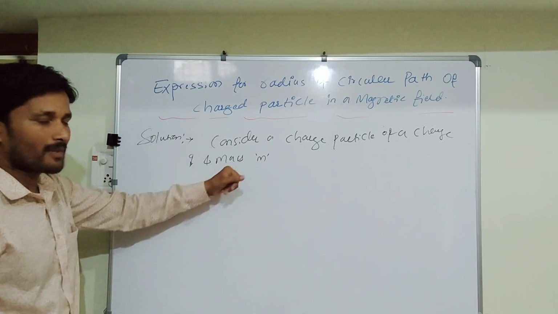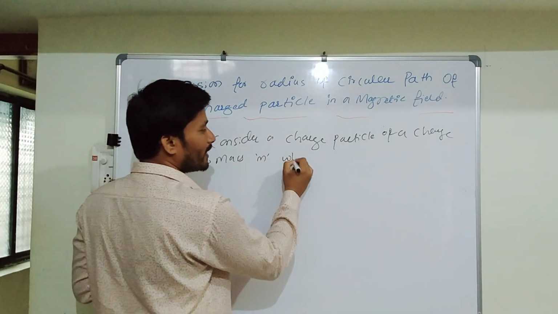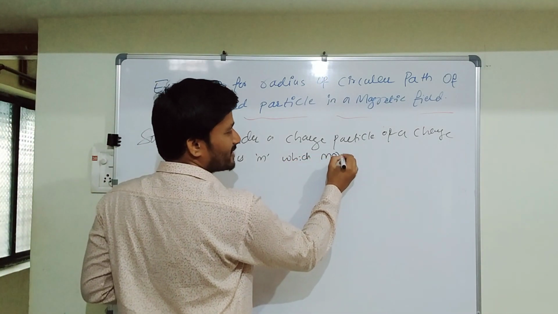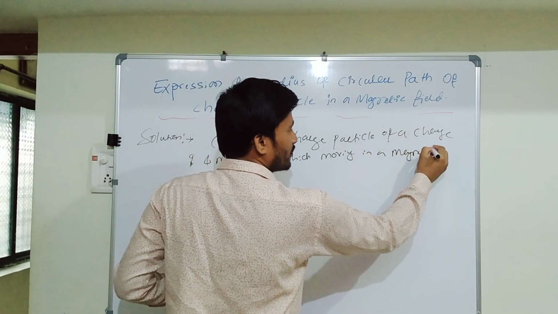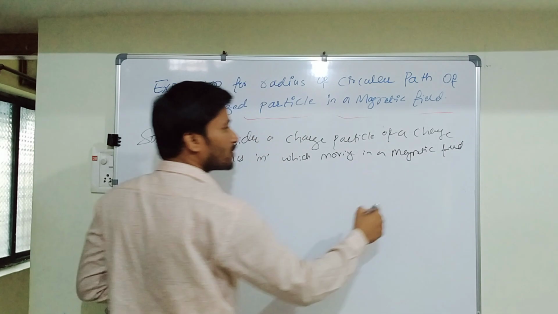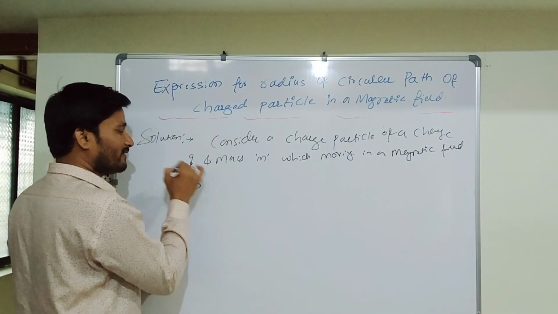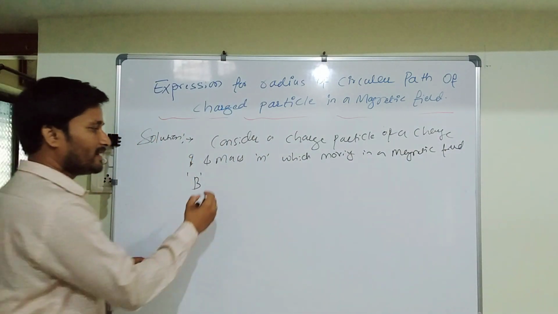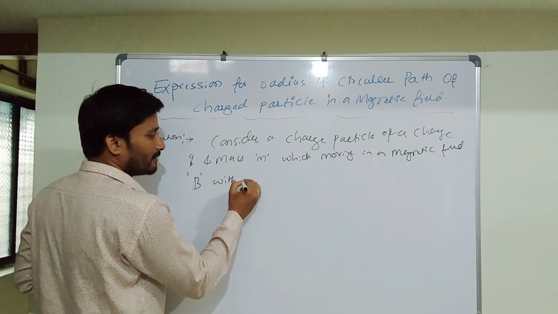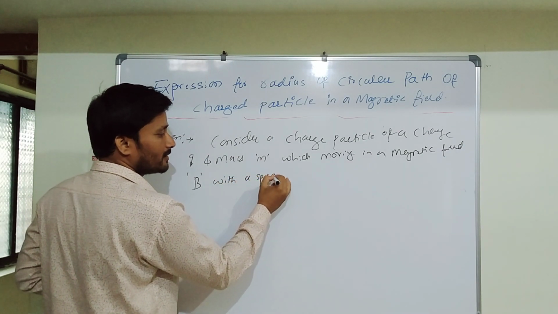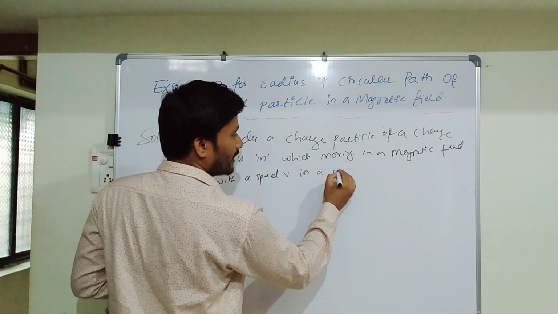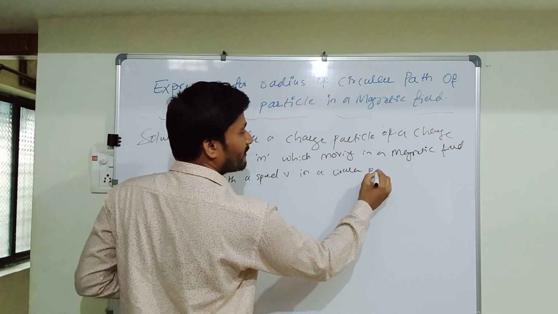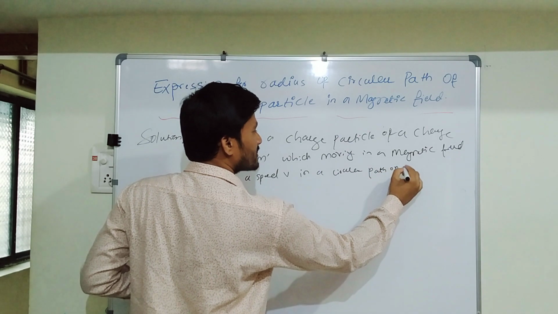Q is the charge, mass is m, which is moving in a magnetic field, which I am going to call B, with a speed v, in a circular path of radius r.